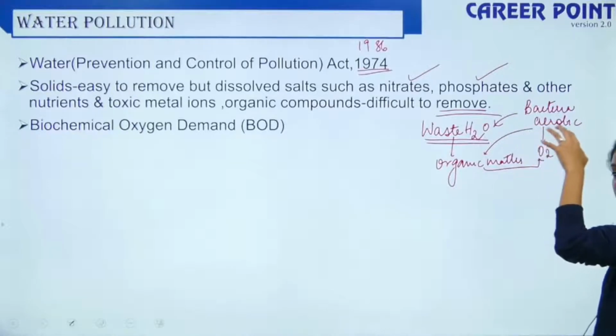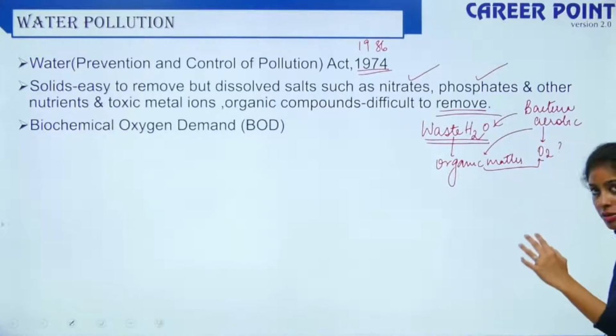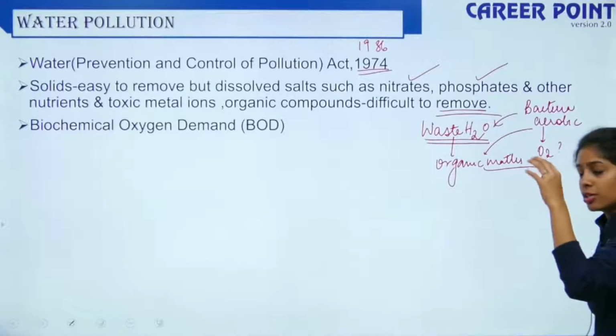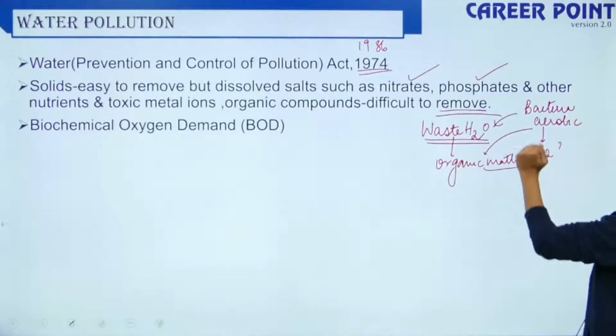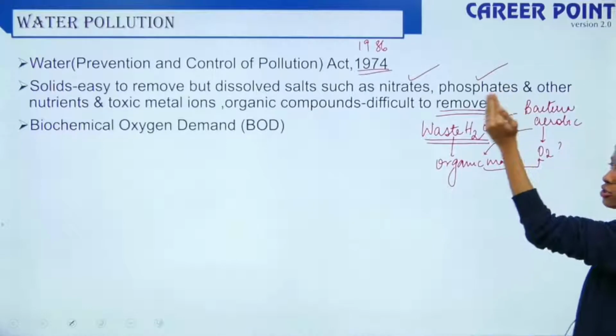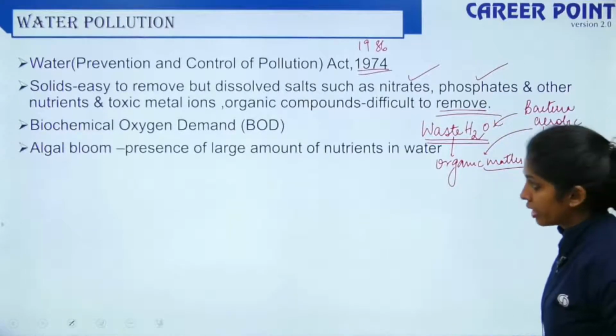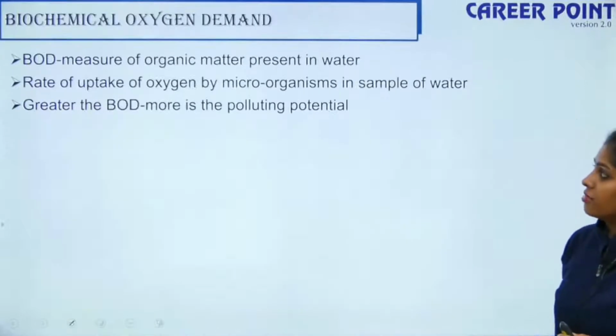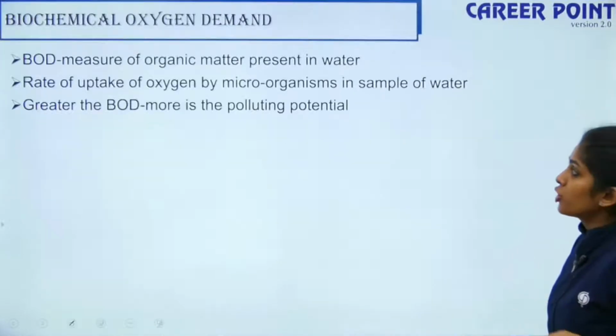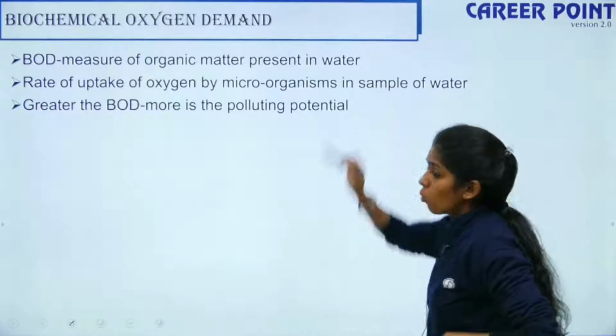So if the amount of organic matter goes down, which means the pollution is going down. The oxygen used by the bacteria is known as biochemical oxygen demand. That is called BOD. In the next slide I have described BOD. It's a measure of organic matter present in water.